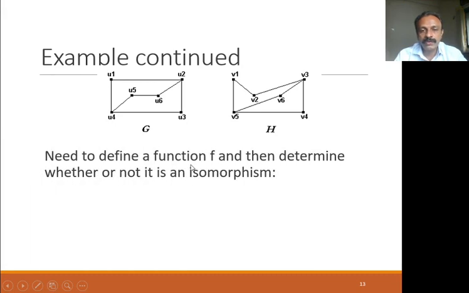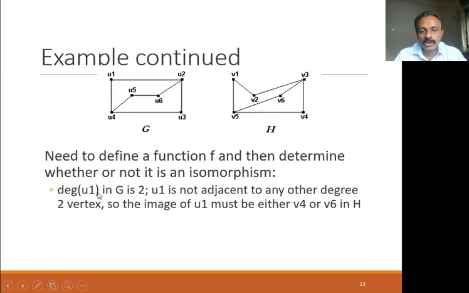We need to define a function f and then determine whether or not it is an isomorphism for the graphs Z and H. The degree of U1 in Z is 2, and U1 is not adjacent to any other degree 2 vertex. So we can observe that U1 is adjacent to vertices of degree 3, namely U2 and U4.